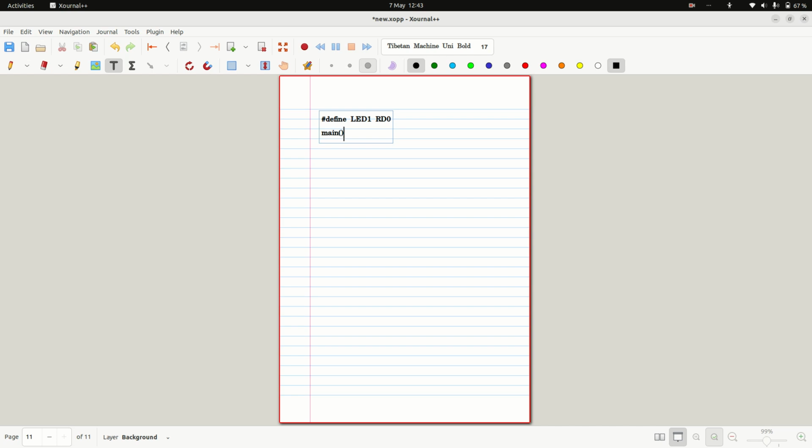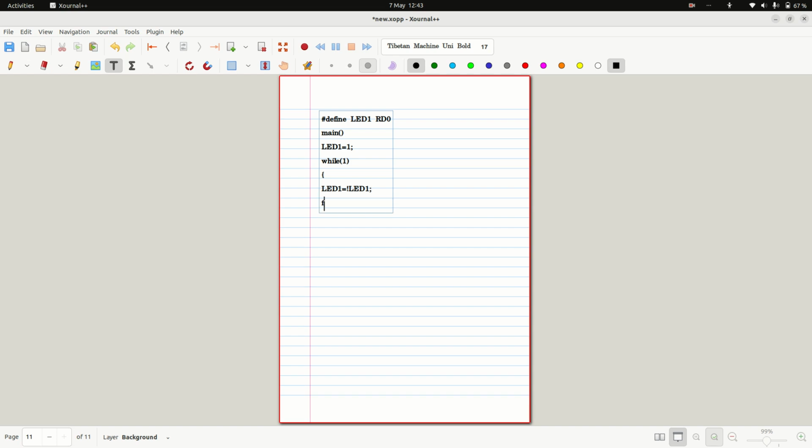Inside the main function, initially I consider LED1 equals 1. Inside the while loop, I am going to write LED1 equals not of LED1. This line is written for toggling the LED.